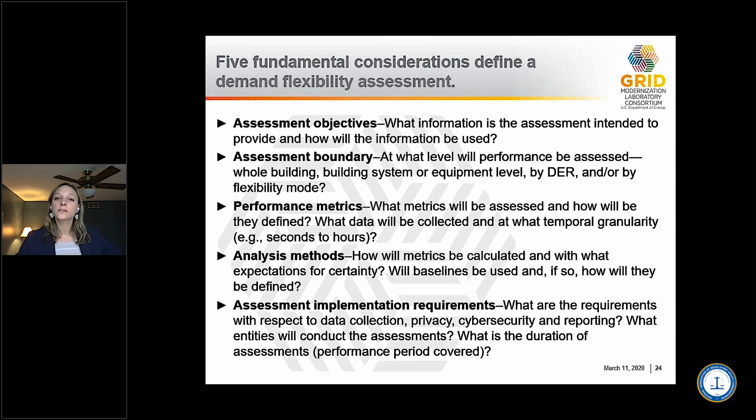Analysis methods: how will metrics be calculated and with what expectation for certainty and baselines? And then assessment implementation requirements. What are the requirements with respect to data collection, privacy, cybersecurity, and reporting? And who is conducting the assessments and what is the duration of the assessment? So next slide, please.